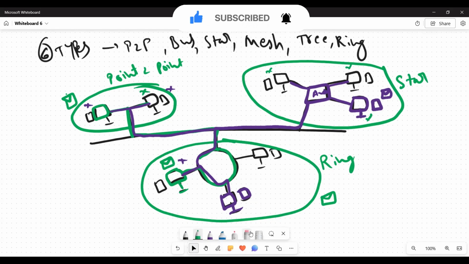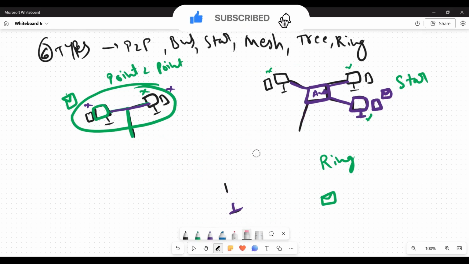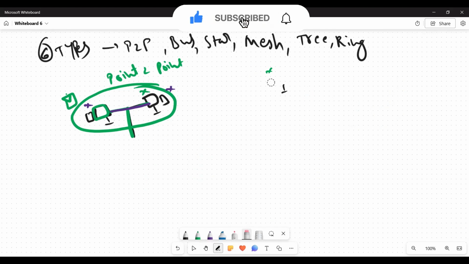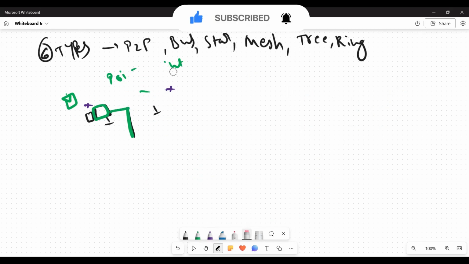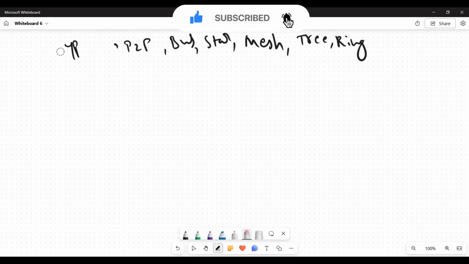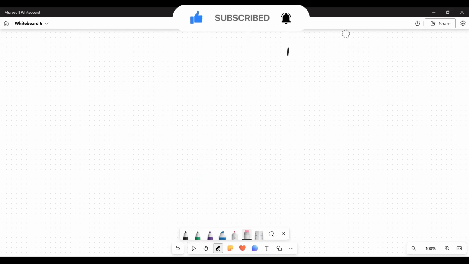I guess everyone understood how the topologies occur in organizations to transfer data from one place to another place within the organization. So now a question would be raised in your minds: how does the data transfer occur in an organization, or what type of topology will they use in organizations?